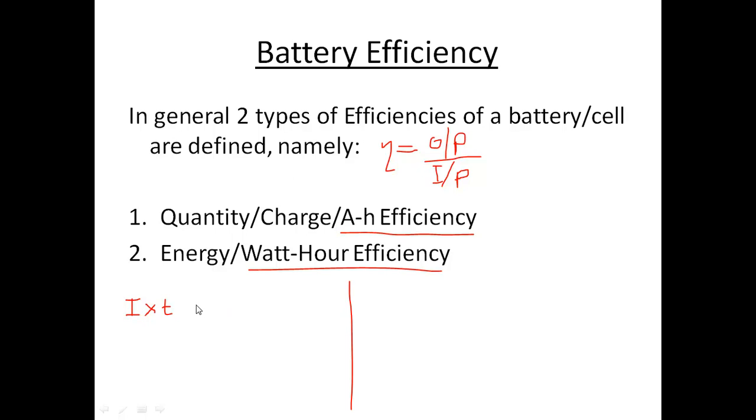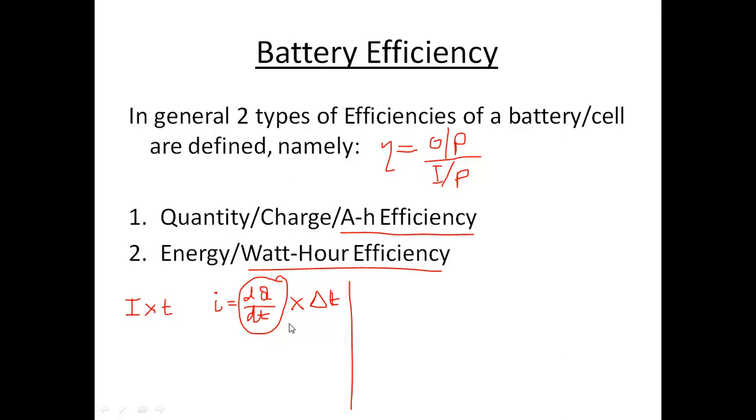We have learnt in basic physics that charge Q is responsible for the current, and we all know the formula that current I is given as the rate of flow of charge, that is dq by dt. So what we are doing here is we are multiplying dq by dt with a time interval.